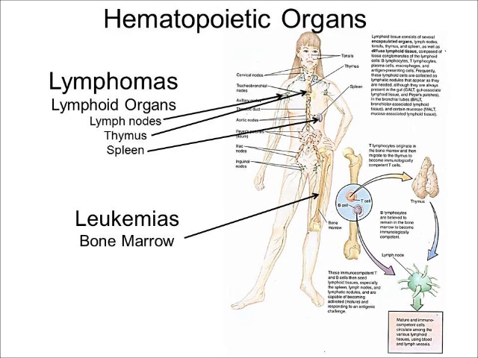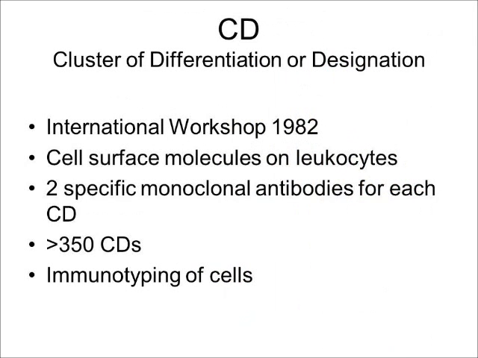This is where the CD system for identifying cells has come into play. CD stands for Cluster of Differentiation or Cluster Designation, and it was established by an international workshop in 1982. Basically, what it does is identify different families of proteins on the surface of leukocytes and other cells.